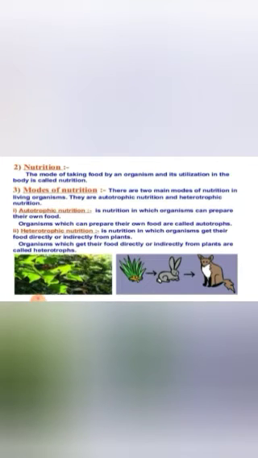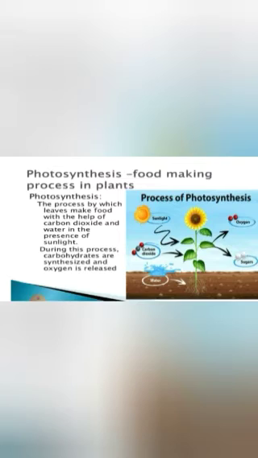Now you know plants prepare their own food. How do they prepare? They prepare by the process of photosynthesis. Now what is photosynthesis? Photosynthesis is a process by which leaves make food with the help of carbon dioxide and water in the presence of sunlight.